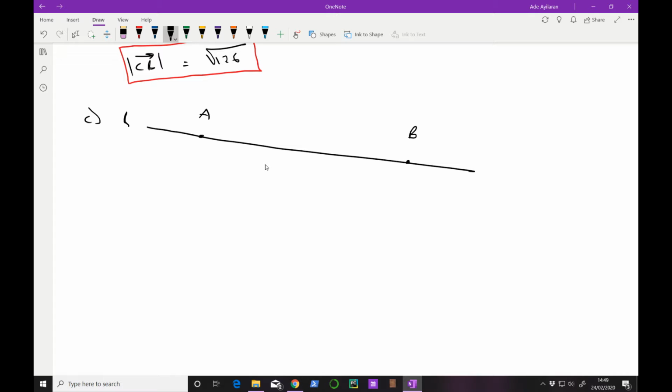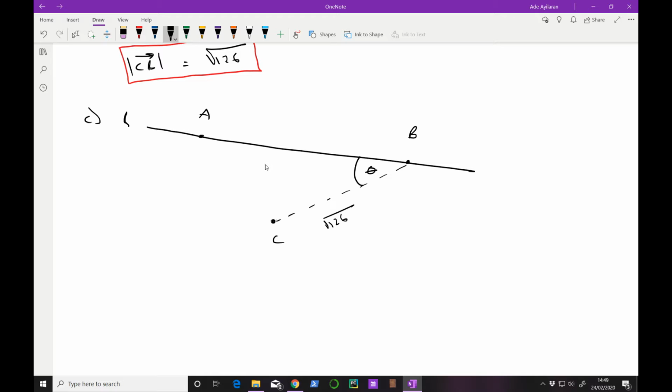I don't know exactly where this point is, but I'm just going to say that it's over here. And so far what I've done is draw a line from C to B, and I have worked out its size. The question asks us to find the angle between the line L and the line CB.